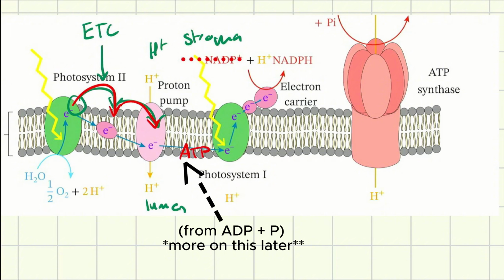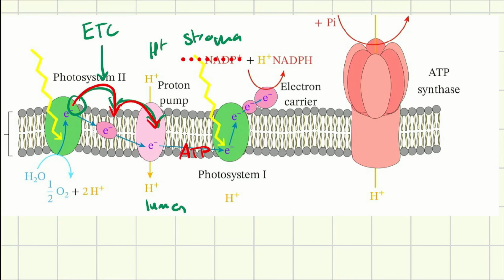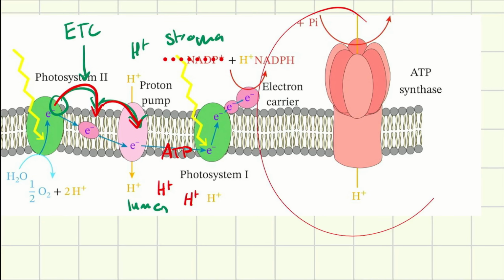So energy is used from our lost electrons to actually create ATP and once again create this highly concentrated proton gradient within the lumen. So you may be asking, what is the purpose of creating a proton gradient? The purpose is to help us create ATP in the end, which you'll see if we fast forward a little bit.